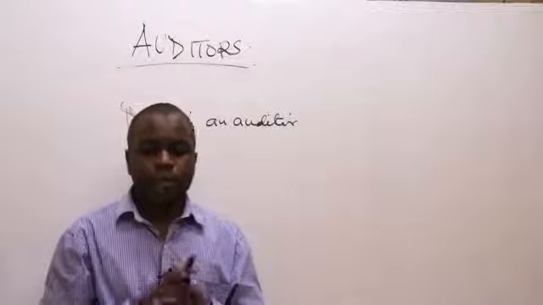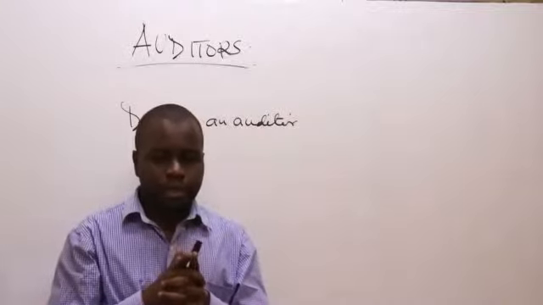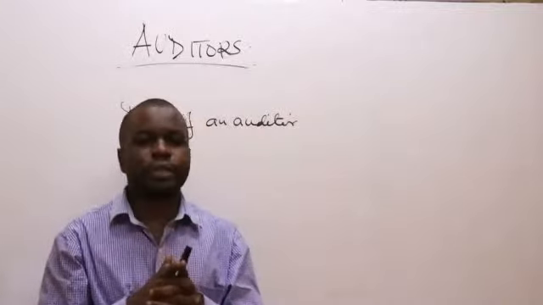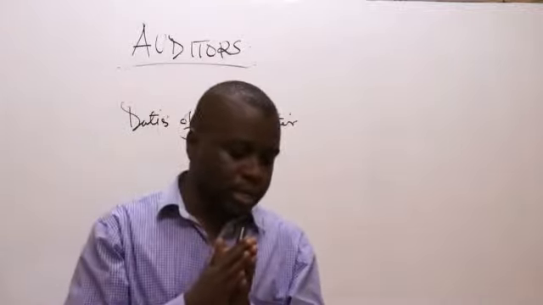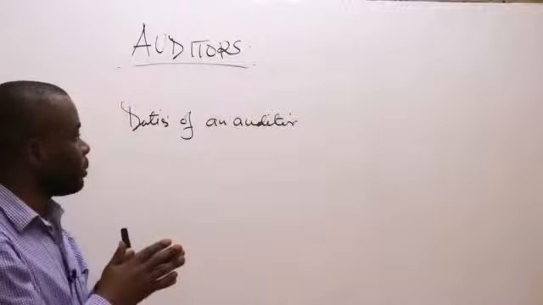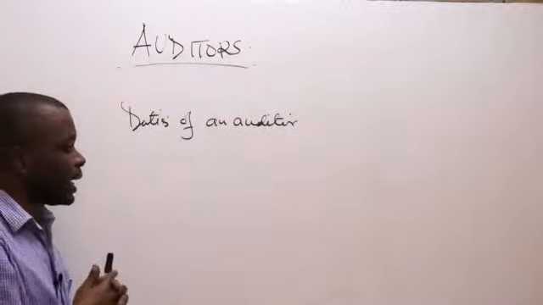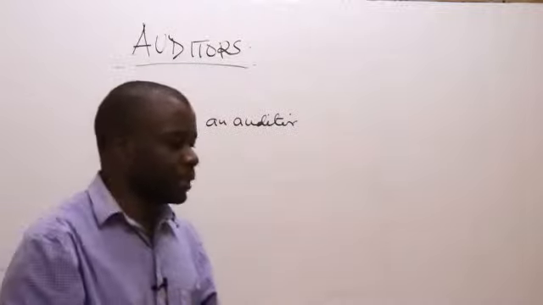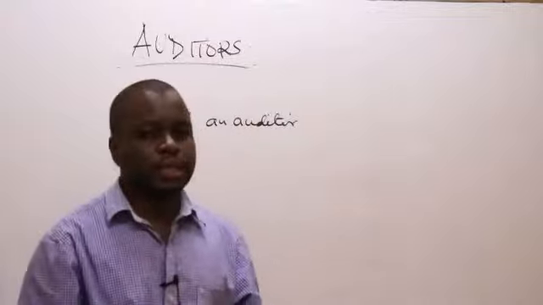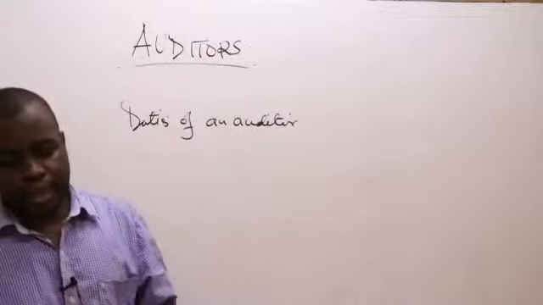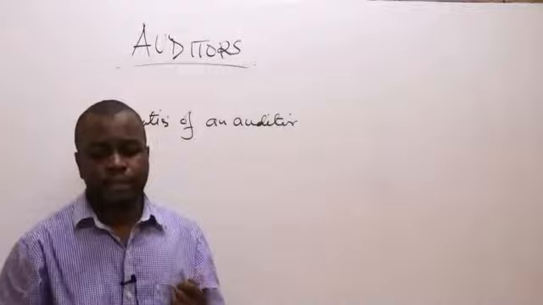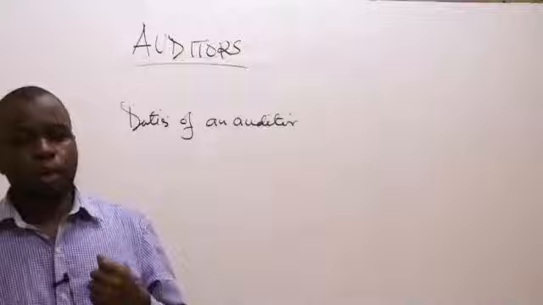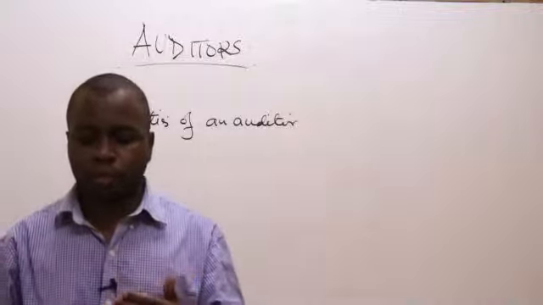So when you talk about ensuring that he's carrying out his work with reasonable care and skill, then of course it summarizes many of the attributes that he must be able to ensure he has as an auditor of the company. So we talked about, for example, honesty, integrity, professionalism, independence. All of those should be met by the auditor while he's carrying out his work as an auditor of the company.